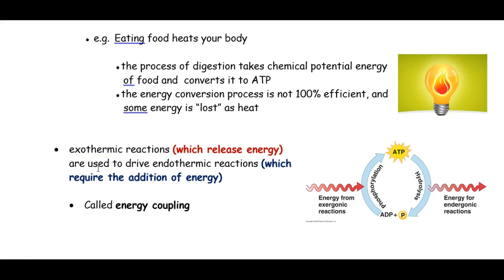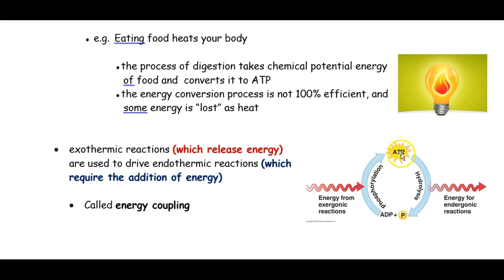So why do we care about any of this? Well, it's important for us to understand that exothermics, which are going to release energy, are going to power up the other reactions, the endergonic or endothermic reactions that require energy, right? So, the exothermic reactions are going to release the energy, and we're going to have that in the form of ATP.